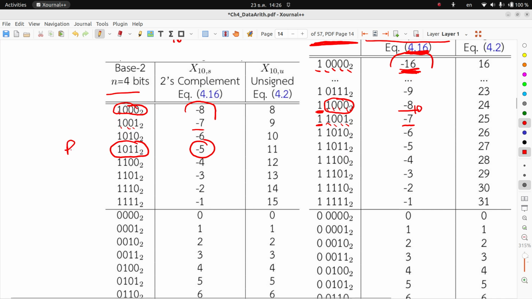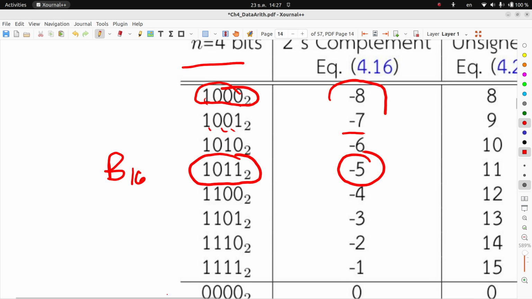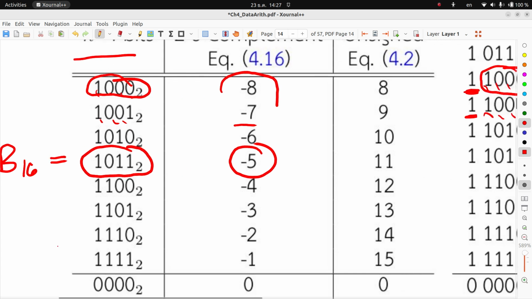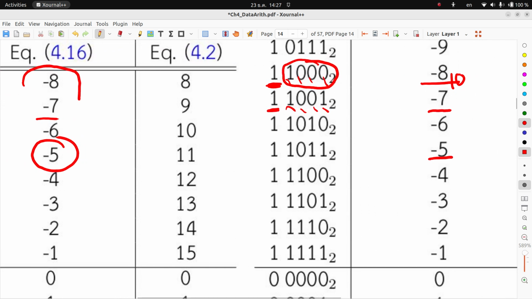This is B base 16, right? 1011, that's B base 16. Minus 5 base 10, this is B, this is 1, it's 1B. Why 1 here? Because we use this to tell you that it's a sign bit.